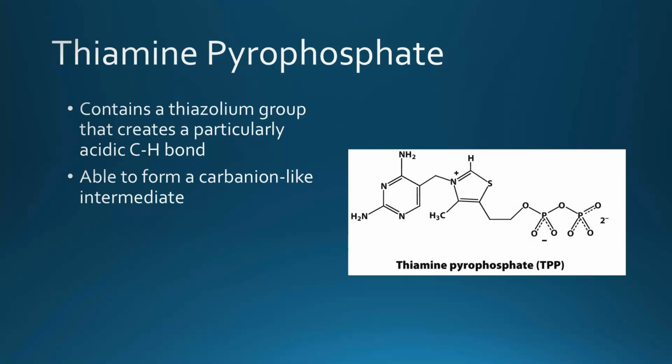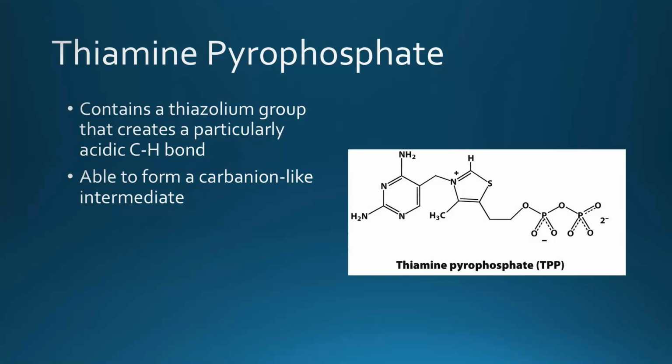Thiamine pyrophosphate is required for the E1. Thiamine comes from one of the B vitamins. Thiamine is a B vitamin. And the carbon that has this hydrogen attached right here, because of the sulfur and the nitrogen of the thiazolium ring, this hydrogen is particularly acidic.